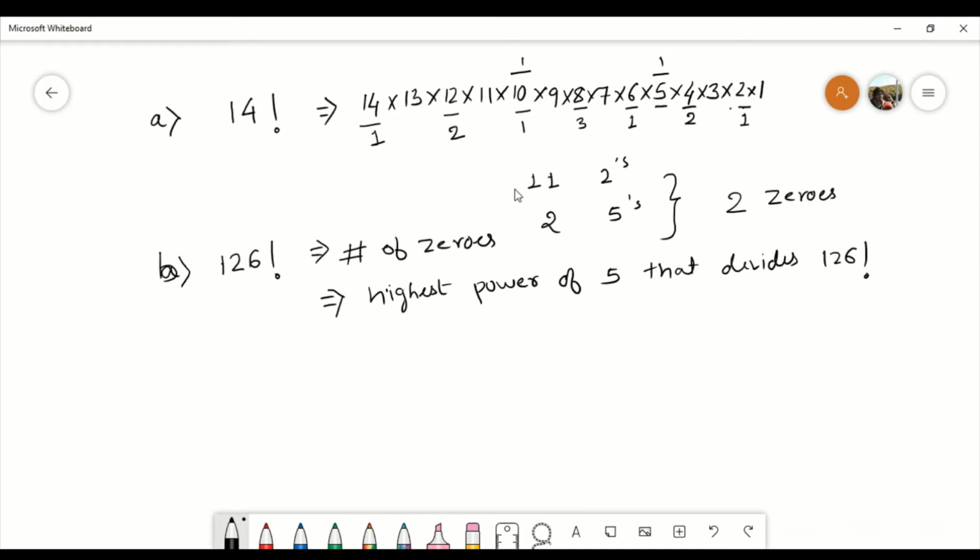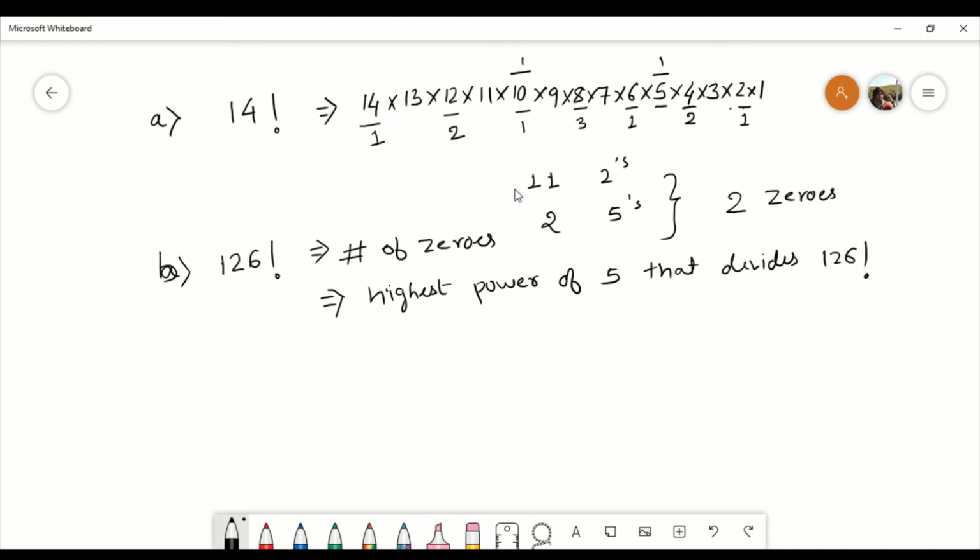So in both of these cases, we have to find the number of 5s in this expression. That will also give us the number of 0s, and that will also give us the highest power of 5 that divides 126 factorial, because when we say the number of 5s, we mean the power of 5, right? So that will also give us the answer to this question.